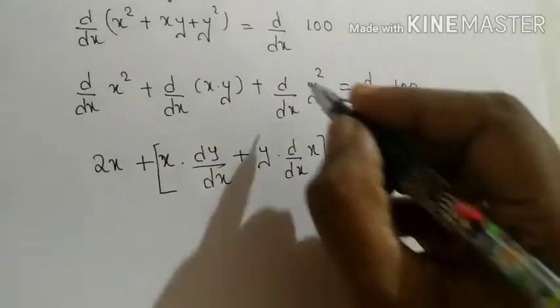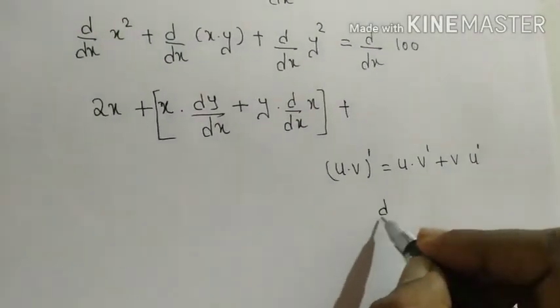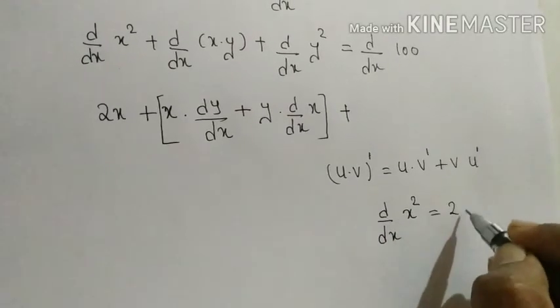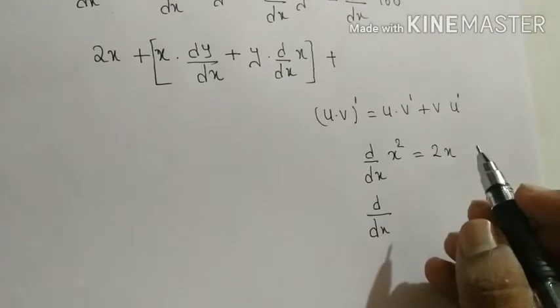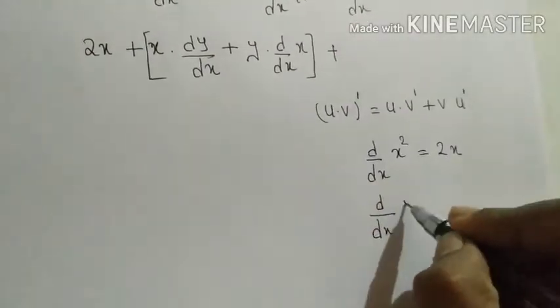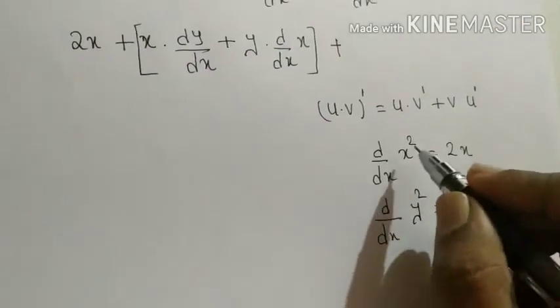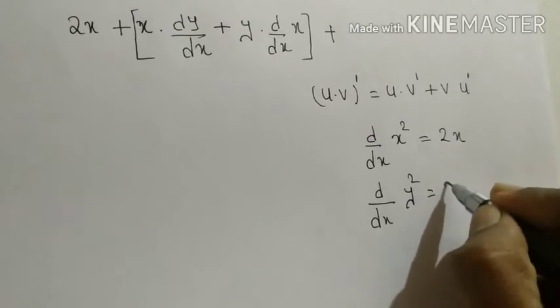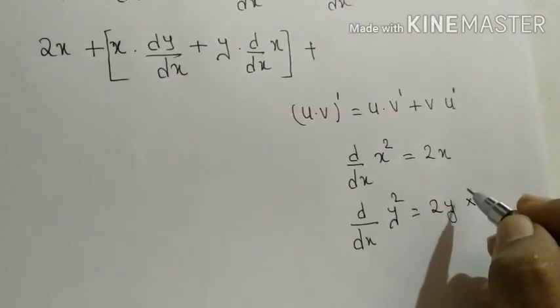Plus the derivative of y square. So we know the standard form: the derivative of x square is 2x. Right. But here it is the derivative of y square. That means if the derivative of x square is 2x, then the derivative of y square will be 2y into the derivative of y, because y is another function, right?